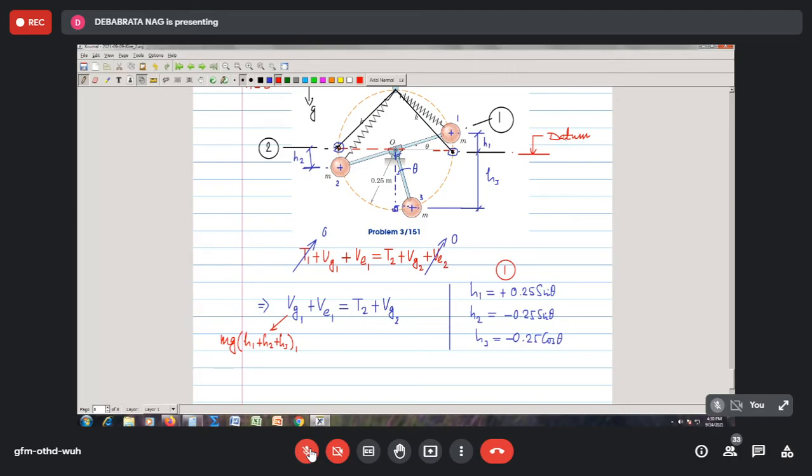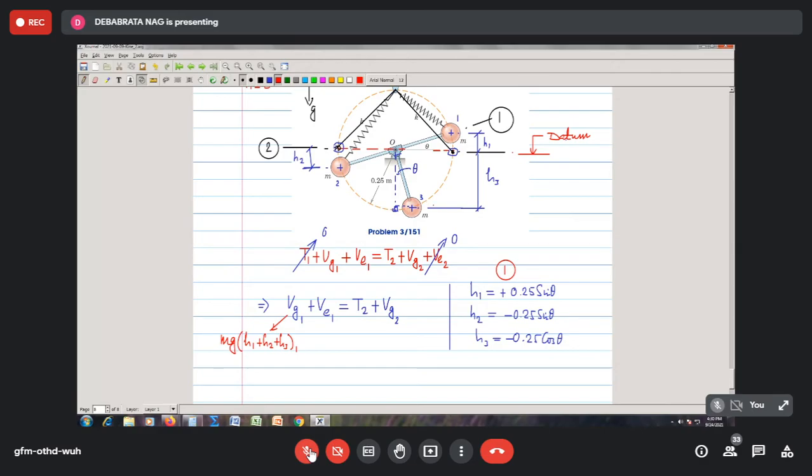So whatever your position, the total potential energy of these two masses, sphere 1 and sphere 2, is always going to be equal to 0. So you have only the third mass surviving.